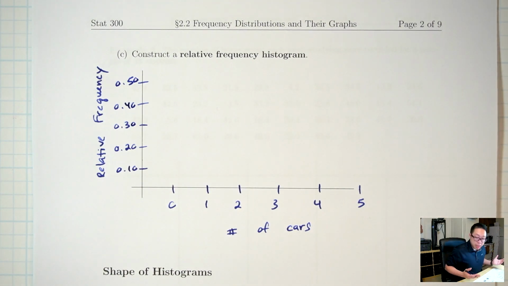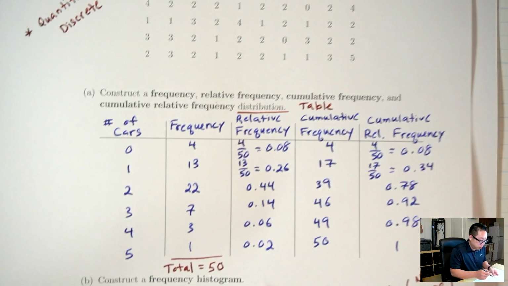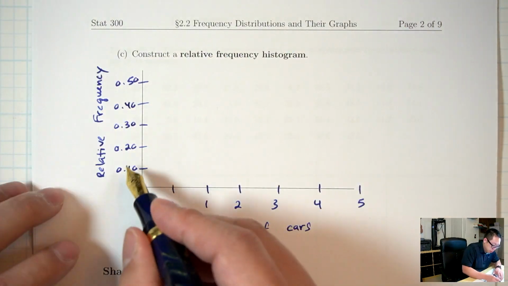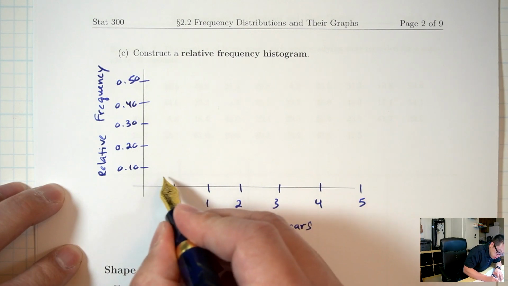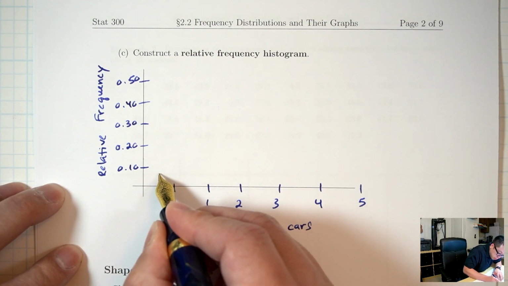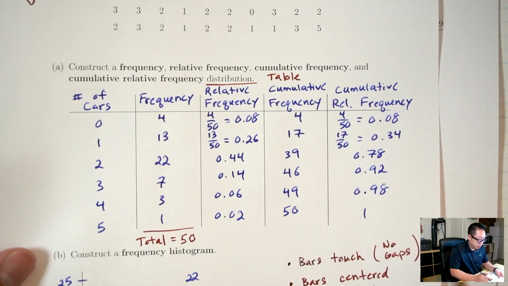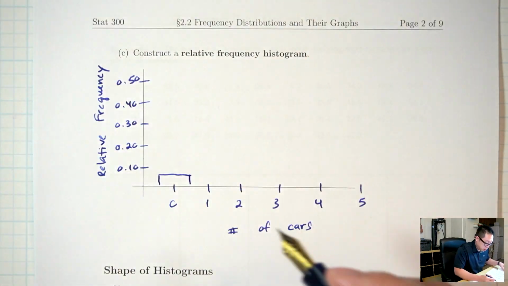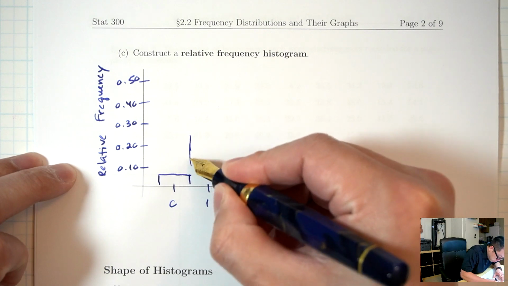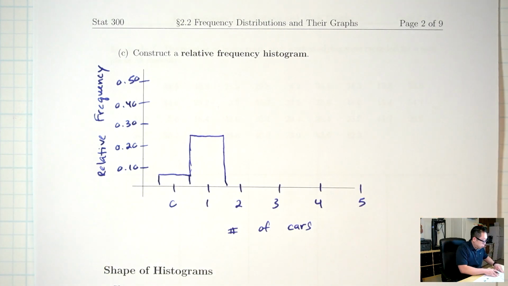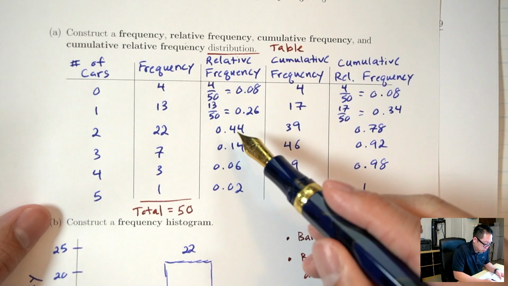And then now bars. So for 0, it's 0.08. So 0.08 would be below 0.10. So that's somewhere down here. Next up is 0.26. Next up is 0.44.